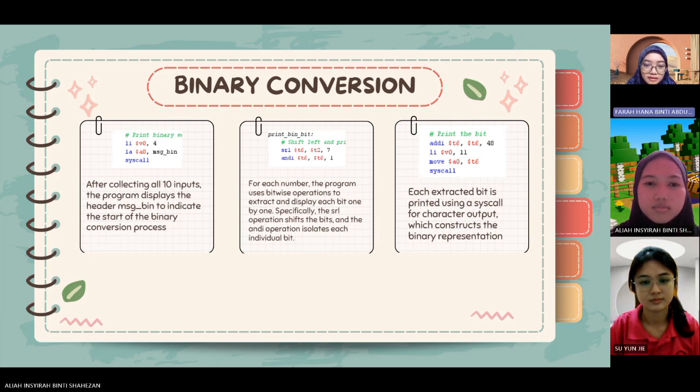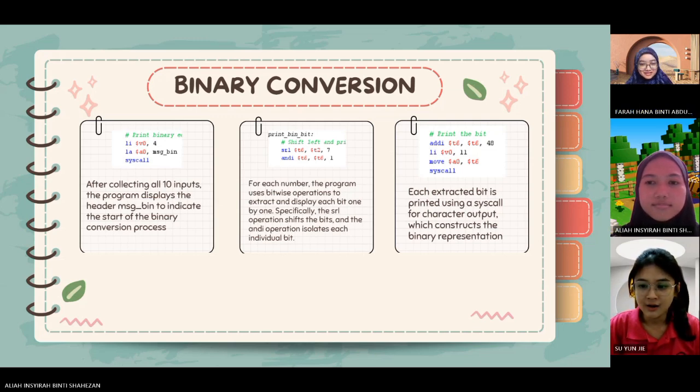Especially, the SRL operation shifts the bits, and the ANDI operation isolates each individual bit. Each extracted bit is printed using a syscall for character output, which constructs the binary representation.